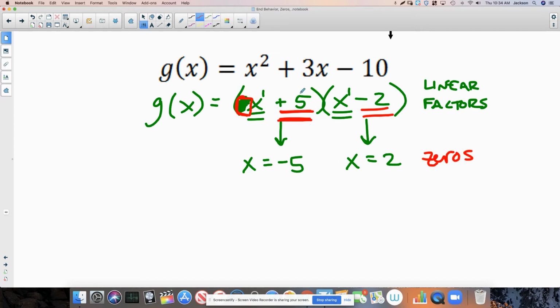Because this factor x plus 5 only shows up once in the factored form, we would say that this has an odd multiplicity because it only shows up once, okay? And because it has odd multiplicity, we know that it crosses the x-axis. So this is what I mean when we say we're tying this back into the idea of multiplicity of zeros.